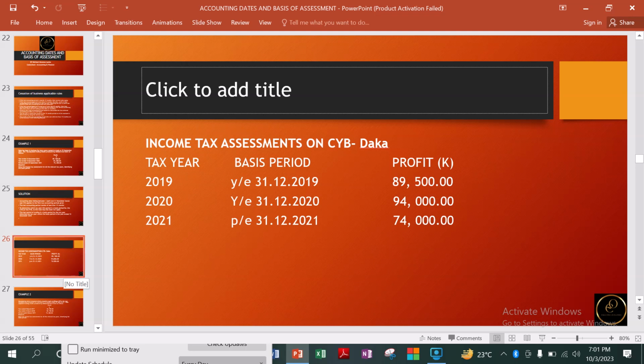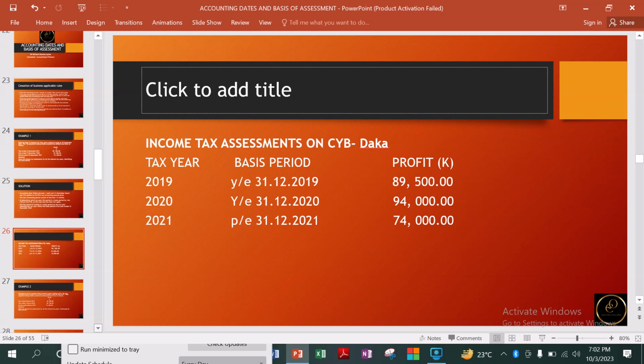So we have tax year 2021 following 2020, that is 74,000. That is what we do when we are compliant with the rules relating to cessation of business. That's how we approach this particular part of the question.